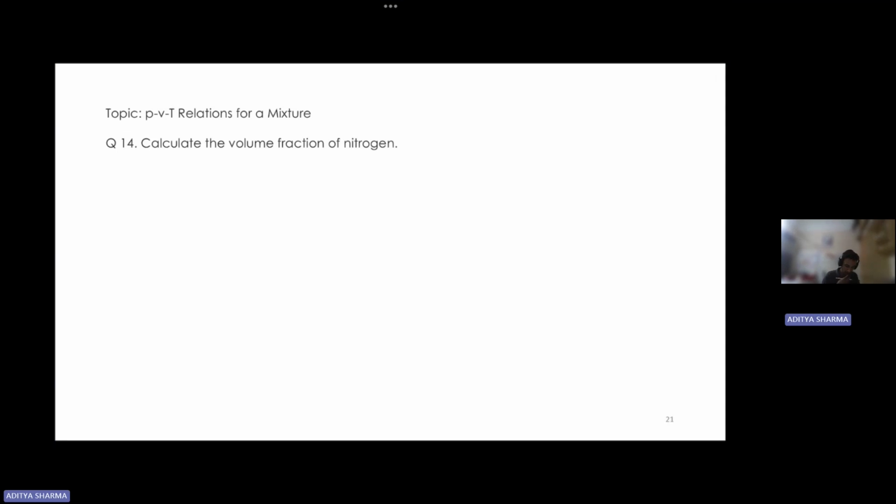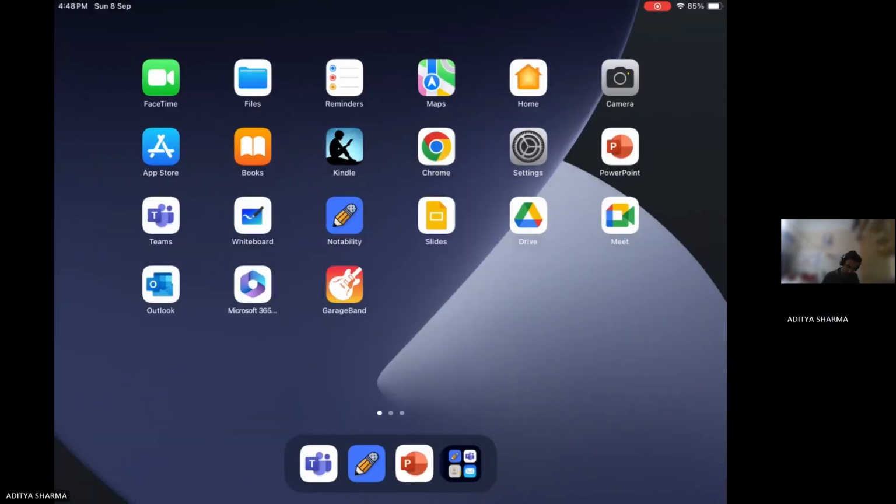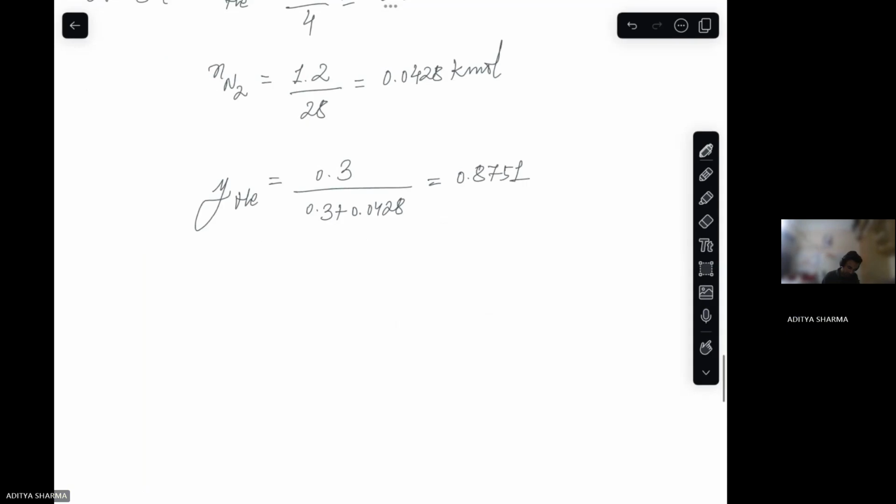Now for 14, calculate the volume fraction of nitrogen. Sorry, I displayed the answer by mistake. That's okay. Calculate the volume fraction of nitrogen. So let's calculate the volume fraction.